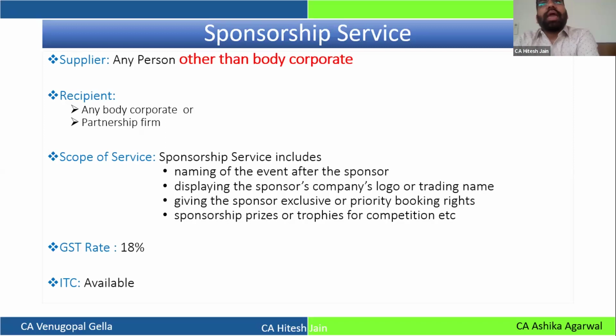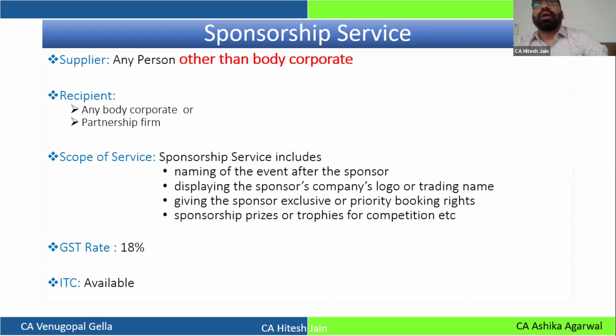Earlier, the supplier would be any person. If he is providing sponsorship service, then it would be under the ambit of reverse charge, provided the recipient is a partnership firm or a body corporate. But with the amendment recently made through the central tax rate notification, the scope of supplier has now been limited to any person other than a body corporate.